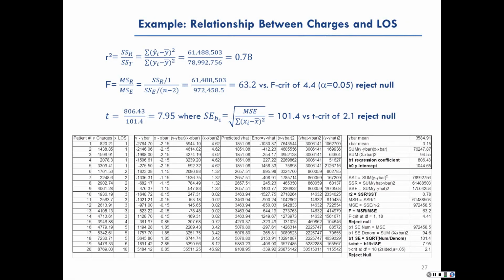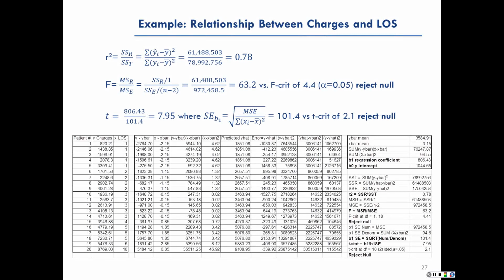The denominator of r squared is the total sum of squares, which is equal to the sum of y minus the mean, squared, which you previously calculated. Here you're just taking the square of y minus y bar, which is in the third last column, and summing that up. As you can see, those are big numbers.